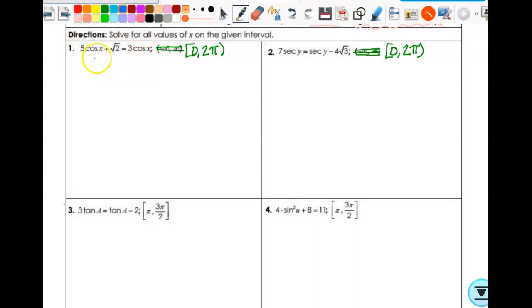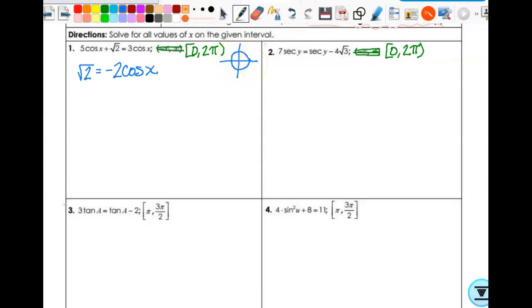So instead, I'm going to move this. That's going to leave me with the square root of 2 equals 3 cosine of x minus 5 cosine of x, negative 2 cosine of x. And I am looking for my answers from 0 to 2 pi, so it's going to take up the whole circle.